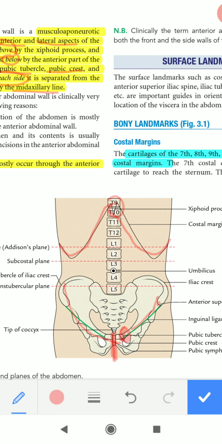Then laterally on each side it is separated from the posterior abdominal wall by the mid axillary line. You know there are three axillary lines: anterior, mid, and posterior axillary line. So if we draw a line along the middle part of the axilla, this is the mid axillary line. So above, below, and on each side, this is the boundary of the anterior abdominal wall.